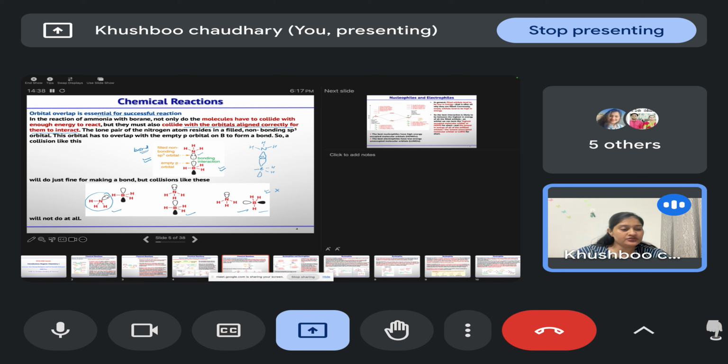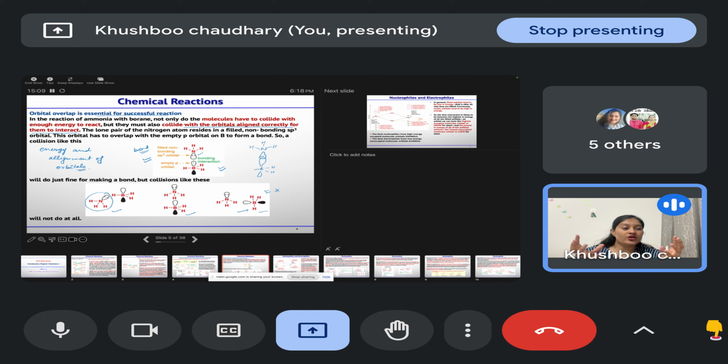So for a reaction to take place, or for a bond formation to take place, both energy and alignment of orbitals are needed. So we discussed that charged species, or attraction between the charged and the dipole, results in the formation of a chemical reaction.